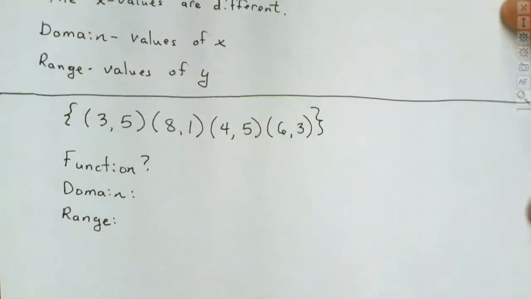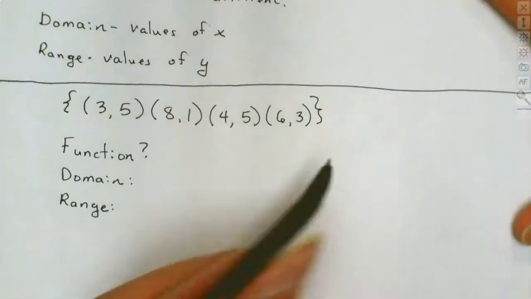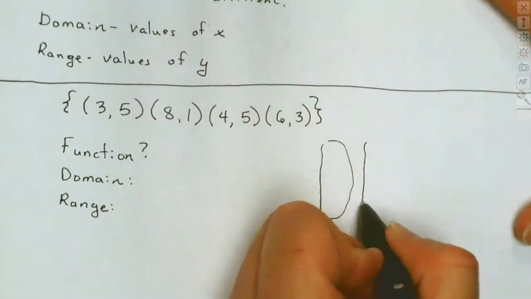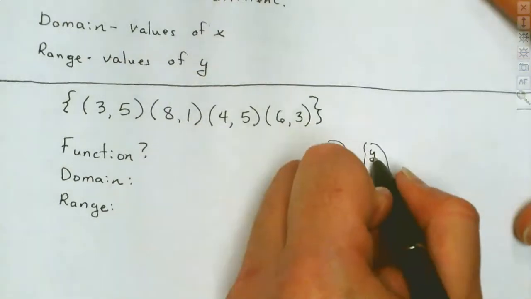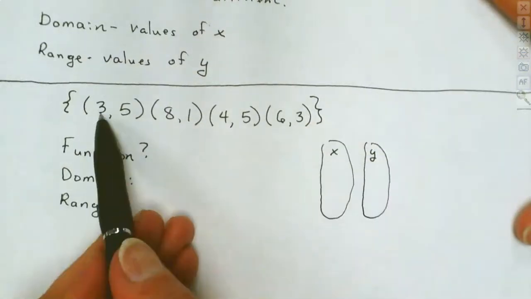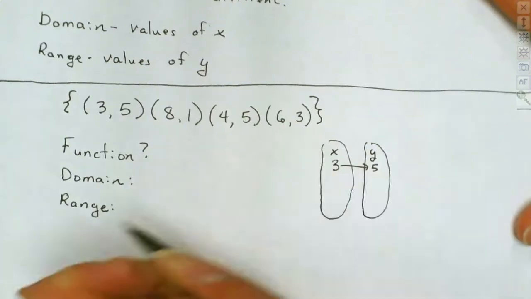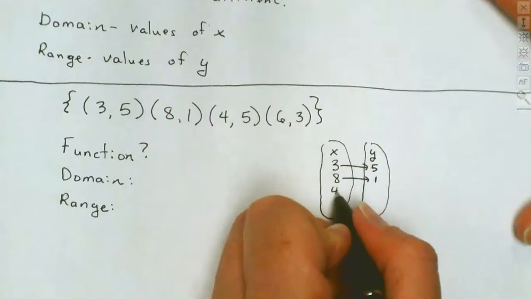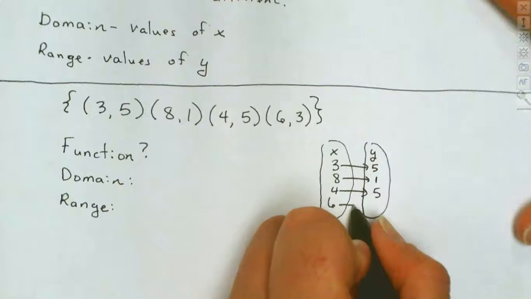Now, is this a function? Well, let's begin by making a mapping. You don't have to make a mapping, but I think a mapping makes it easier to see. A mapping is just a visual way of looking at these ordered pairs. So this is going to be your x, this is going to be your y. When we look at our ordered pairs here, 3 maps to 5, 8 maps to 1, 4 maps to 5, and 6 maps to 3.